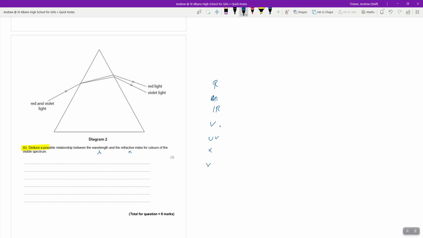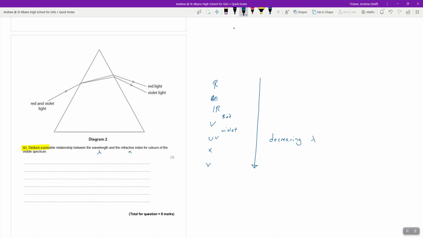In here, visible starts with red and ends with violet. As we go in this direction, we are going in terms of decreasing wavelength. That's the order of the EM spectrum. So red has a larger wavelength than violet.